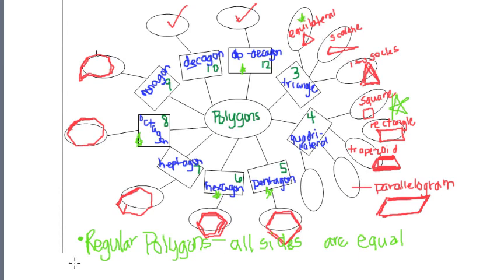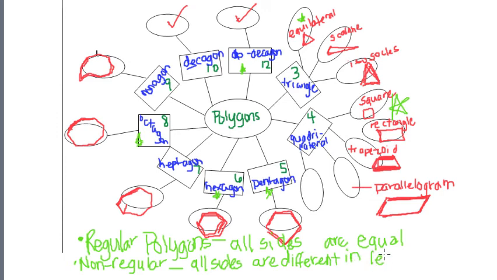So the opposite of that, a non-regular, would be all sides are different in length. Okay.